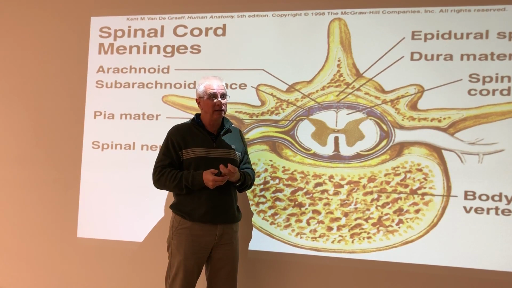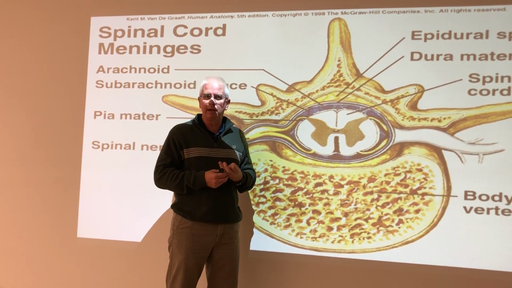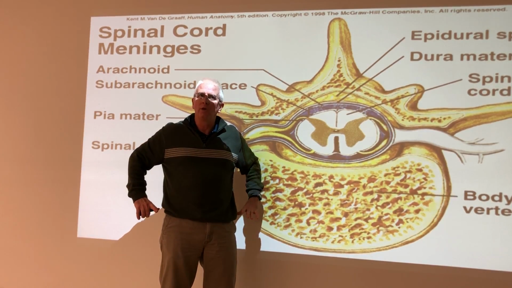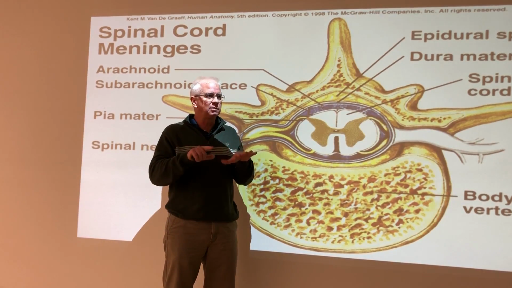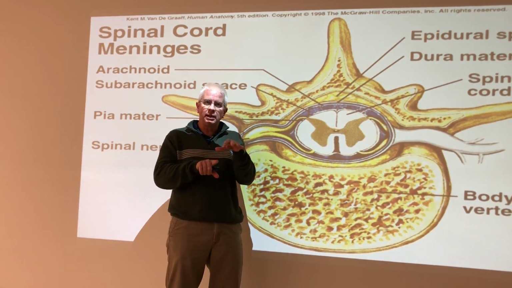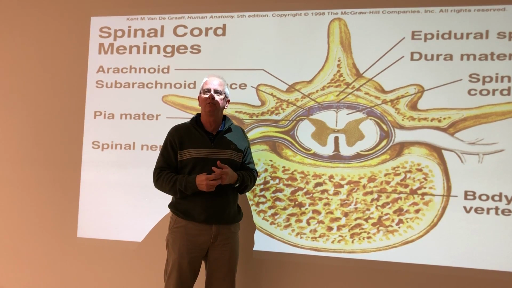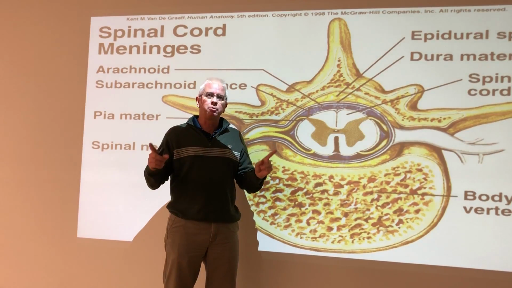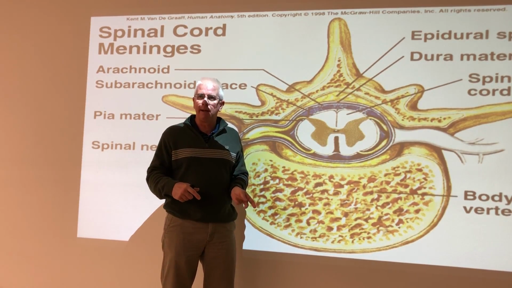Now you have heard this, although I didn't emphasize it. The spinal cord ends at the second lumbar bone. And you can locate that by putting your hands on top of your hips. Where your thumbs meet in your back is where the spinous process of L2 is. And as long as you stick the needle in below the spinous process of L2, you will not hit spinal cord. And so that's a different procedure called a spinal tap.